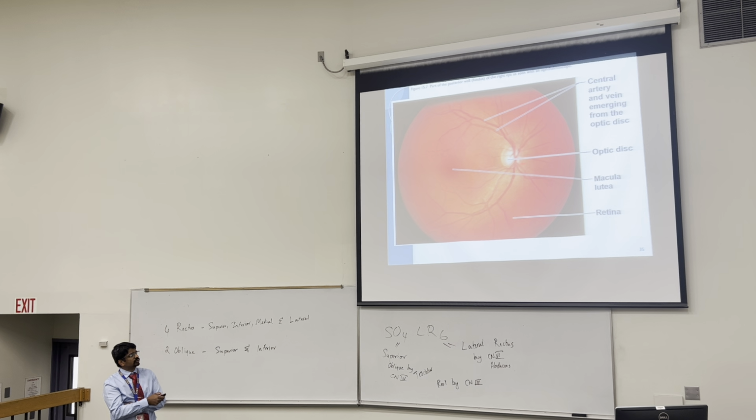That's the macula lutea. Right in the middle of that is the fovea centralis, which contains purely cones. You can see the blood vessels, right? Thicker versus thinner. Which one do we think is the artery? The thicker one has a thicker wall. We'll learn about that in the cardiovascular system.